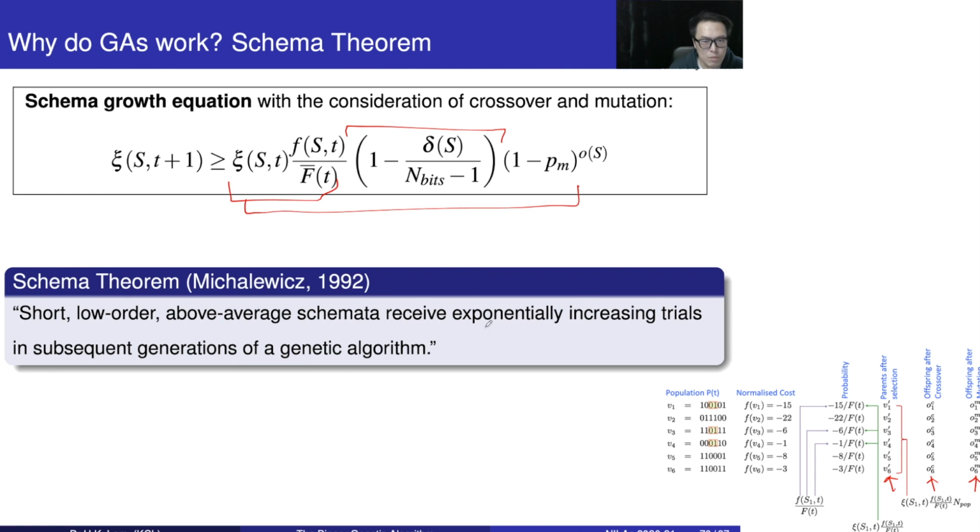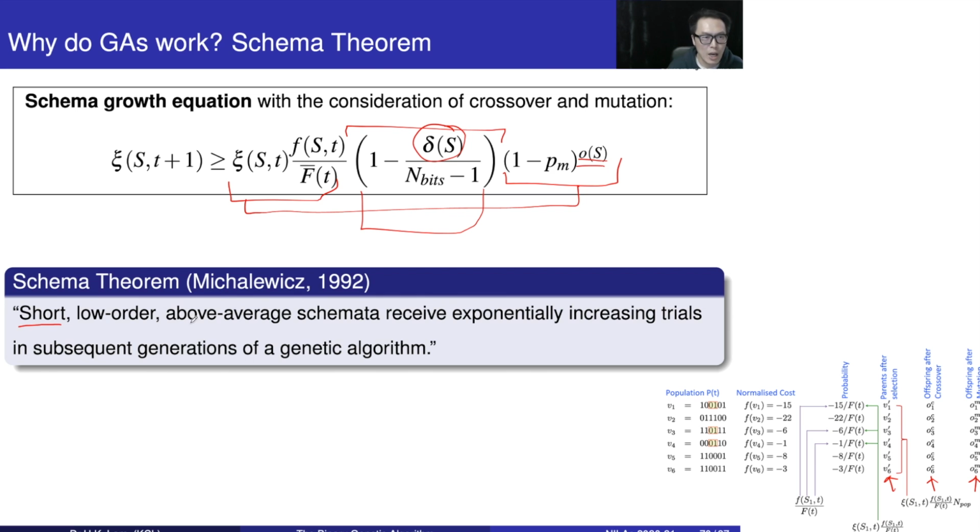Going back to the schema, you will find that when the length of the schema is short, this number is smaller, so the whole term becomes greater. Lower order means that when O(S) is smaller, the value becomes bigger.